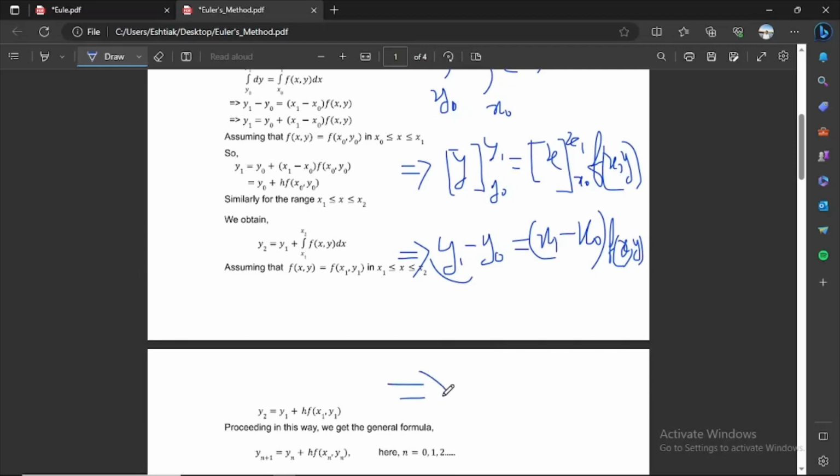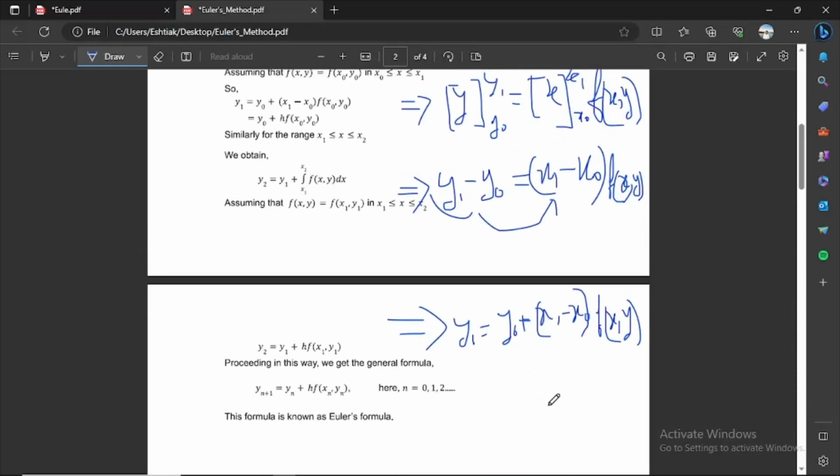If we move y0 to the other side, we will find the first iterated value, that means our first approximated value of our function: y0 plus x1 minus x0 times the function of xy.